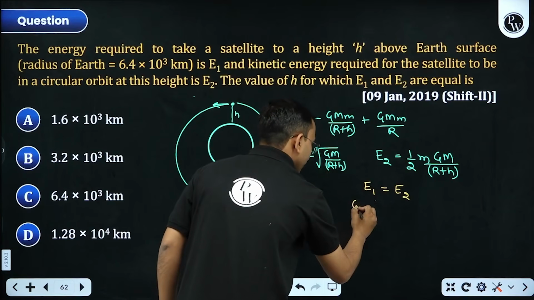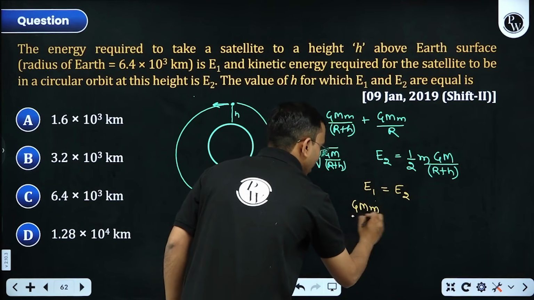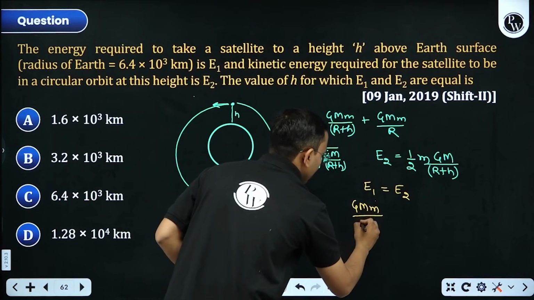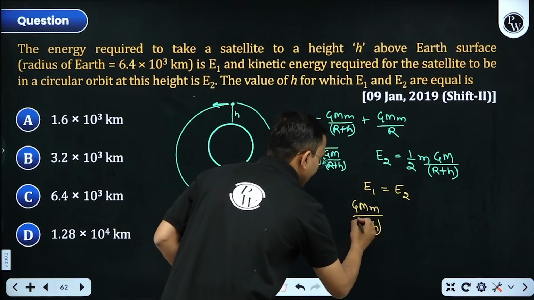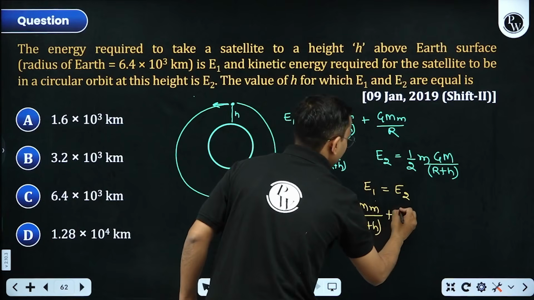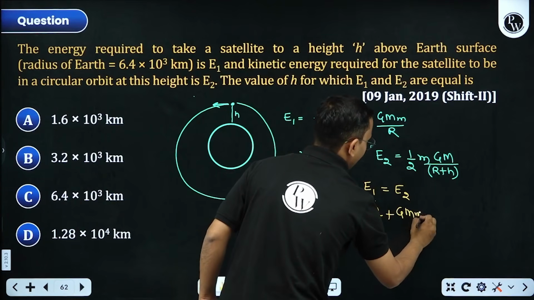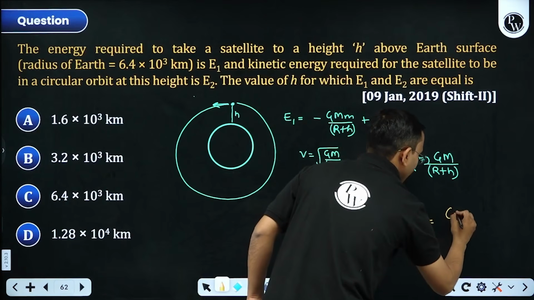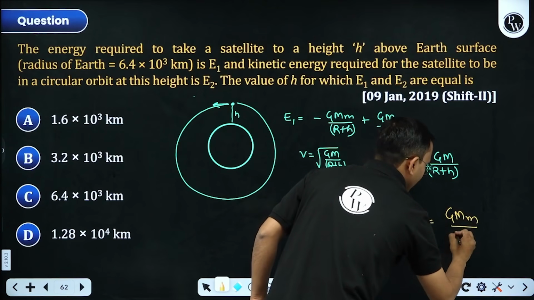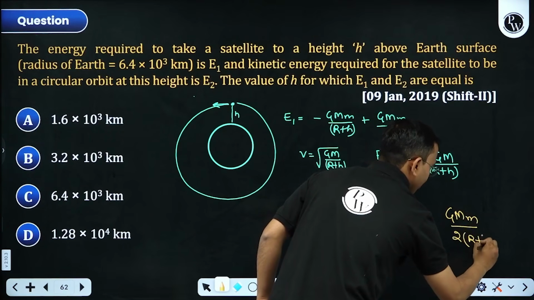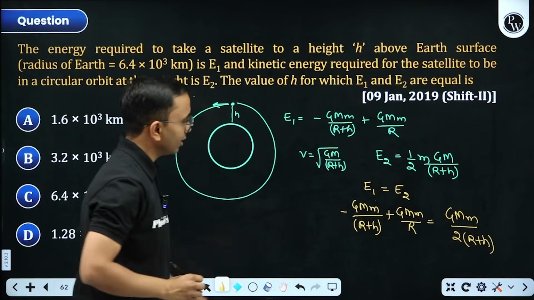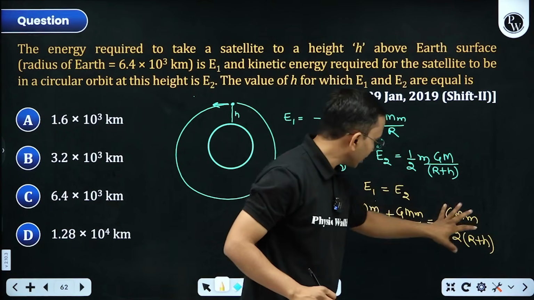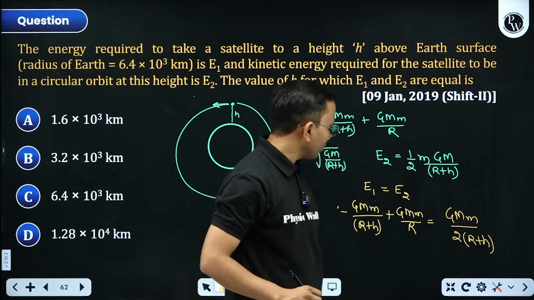So minus GMm by (R plus h), plus GMm by R is equal to GMm by 2 into (R plus h). Writing it. Now you can take this term to the other side, and that will become 3 by 2 times of that.